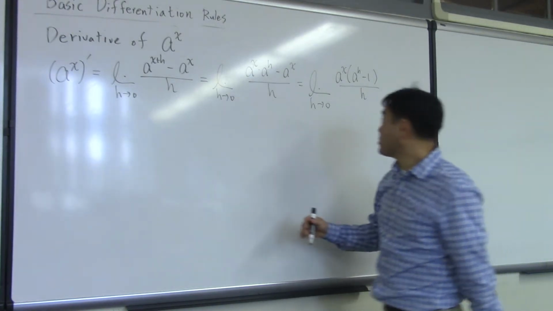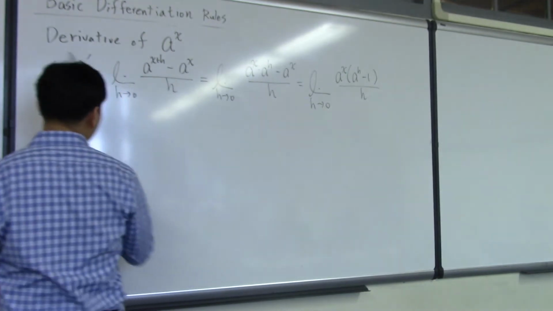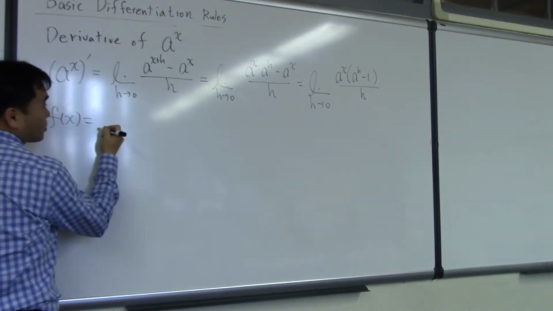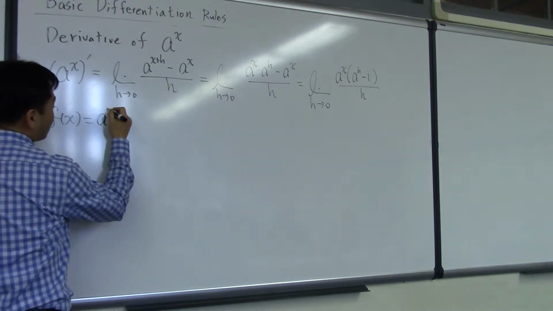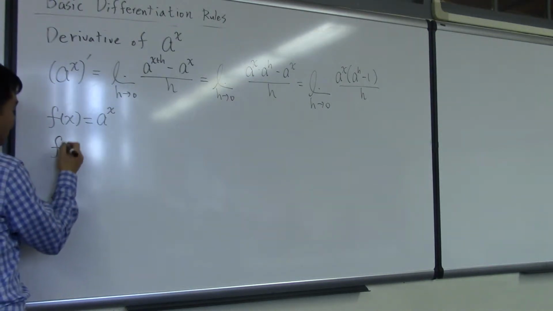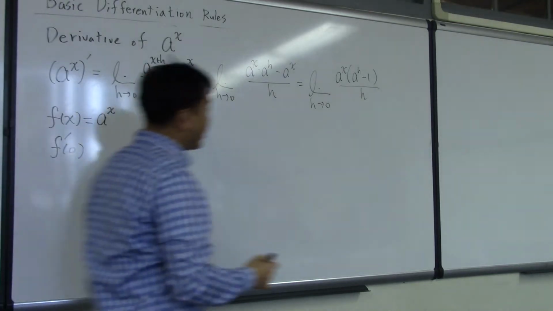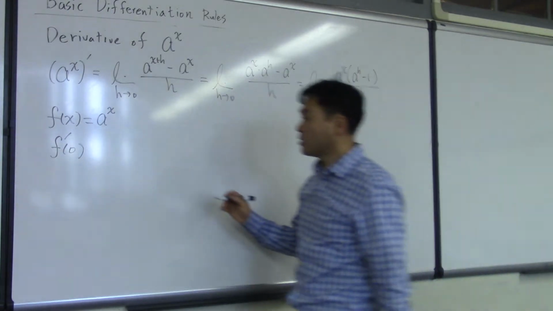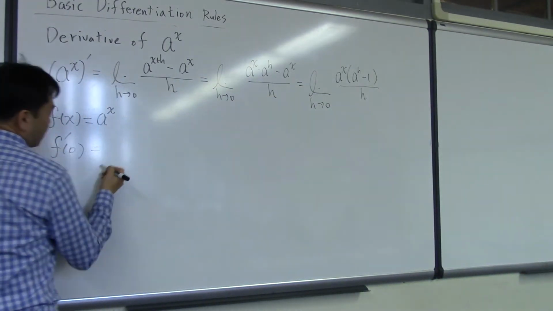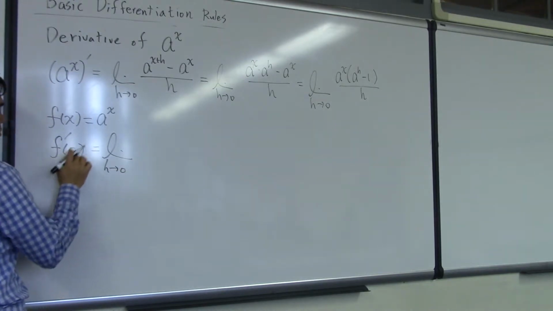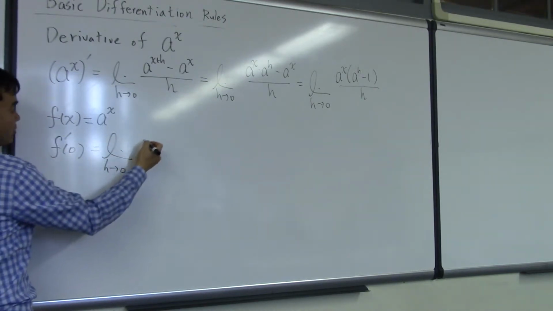Now, if you think about it, if I say f of x is equal to a to the x, then f prime of 0 is exactly this thing that's attached, okay? I can show you that by writing down the explicit limit h going to 0.